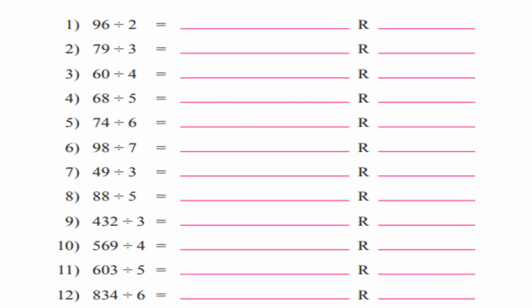Okay, students, let's check your answers. Number 1. 96 divided by 2 is 48, remainder 0. Number 2. 79 divided by 3 is 26, remainder 1.